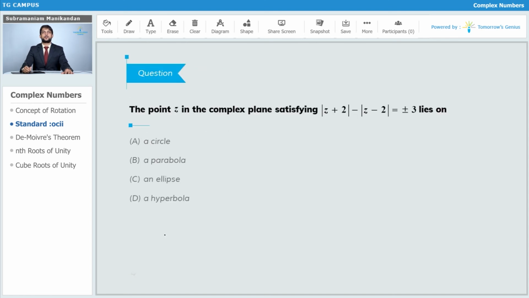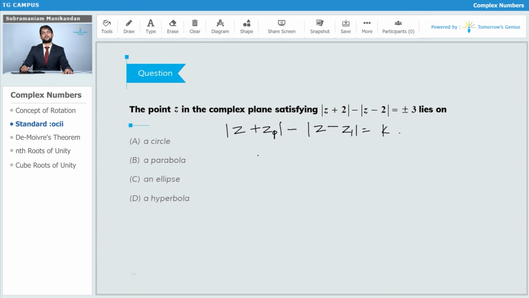The point z in the complex plane satisfying modulus of z plus 2 minus modulus of z minus 2 is equal to plus or minus 3. Now, comparing this with a very familiar equation, modulus of z minus z1 minus modulus of z minus z2 is equal to a constant.